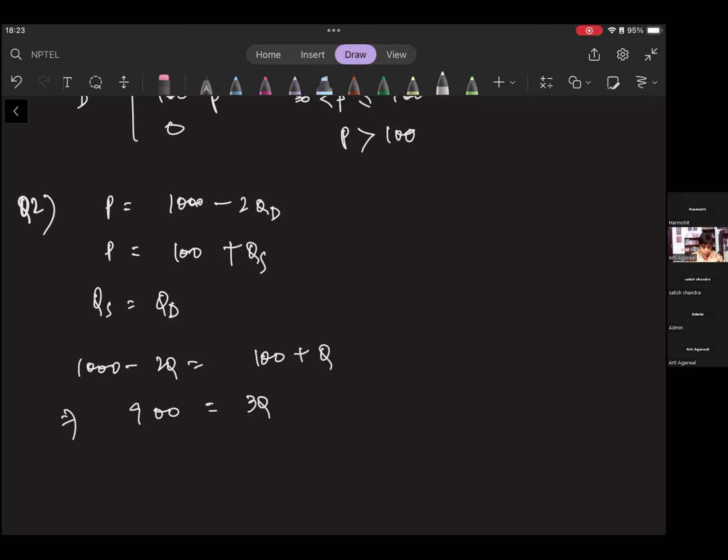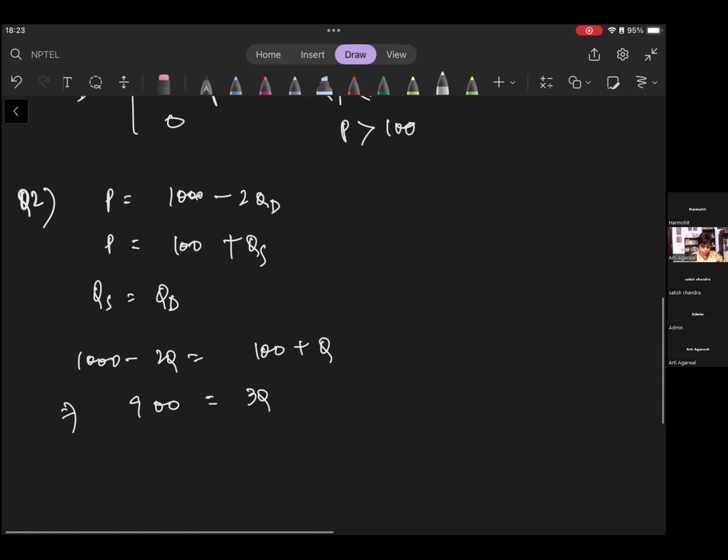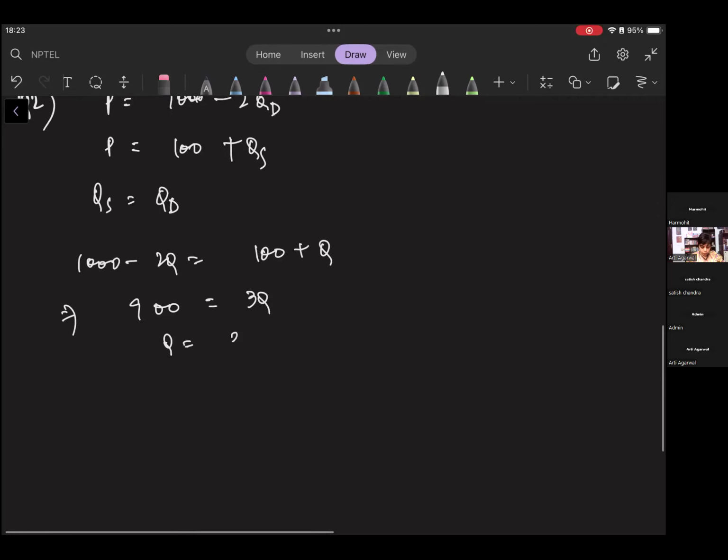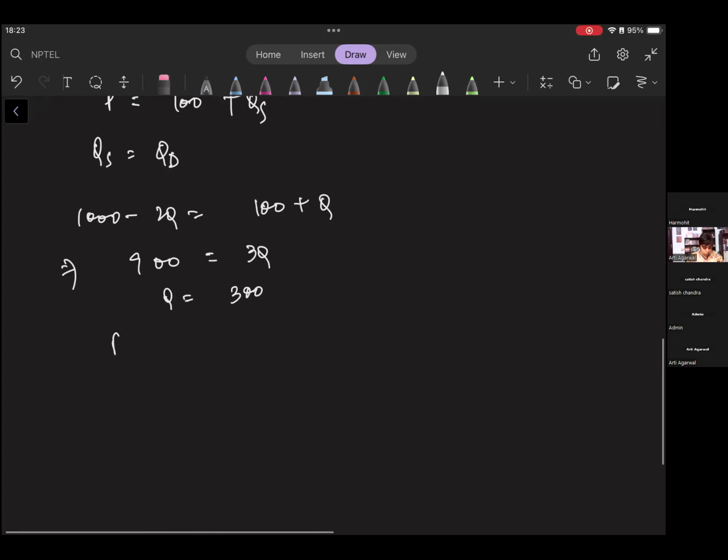I had got some sign flipped, that's why it was coming out wrong. Anyway, so P is equal to 100 plus Q is equal to 400. Instead of plus, I wrote minus or something like that.